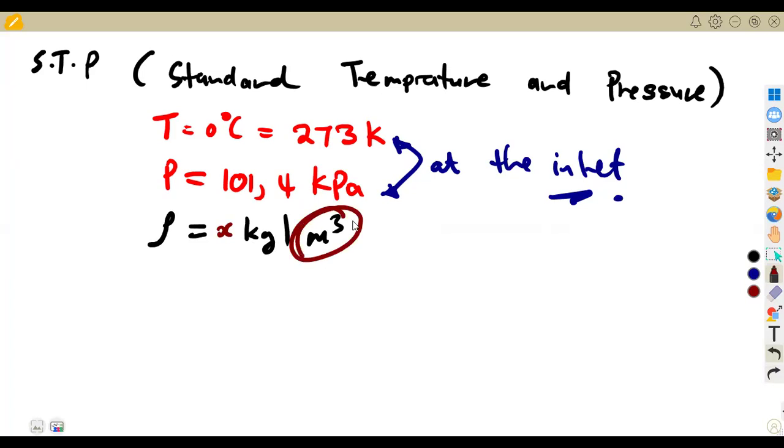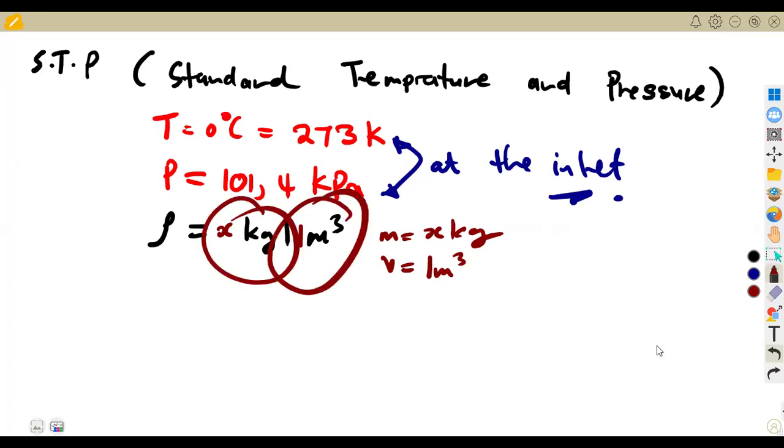That means the mass is X kilograms at that condition, and the volume is taken per each cubic meter, that is, 1 cubic meter.